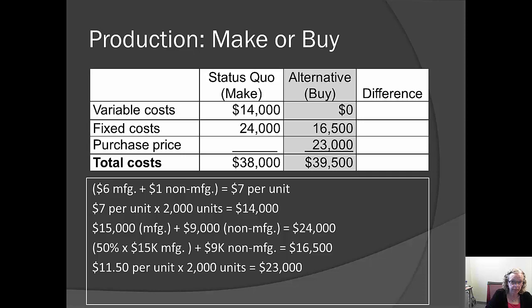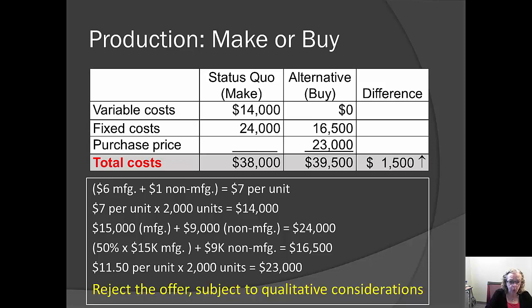So net, the cost to buy the component is actually $1,500 greater than the cost to make the component. So on the basis of dollars alone, the firm would choose to reject the offer to buy and would continue to make that component.